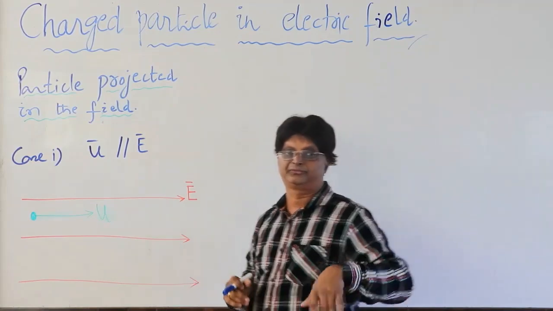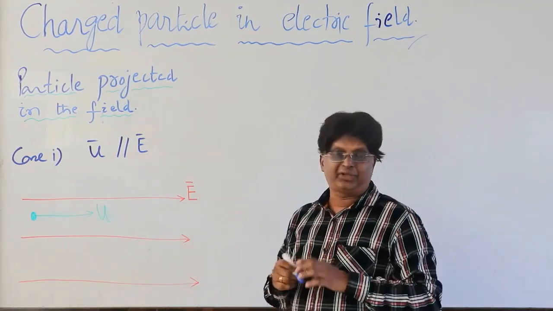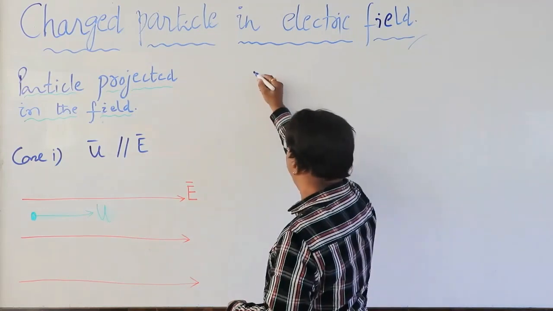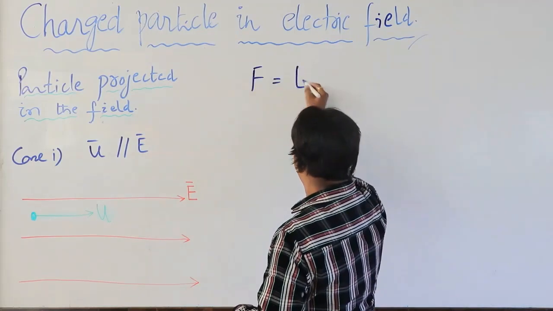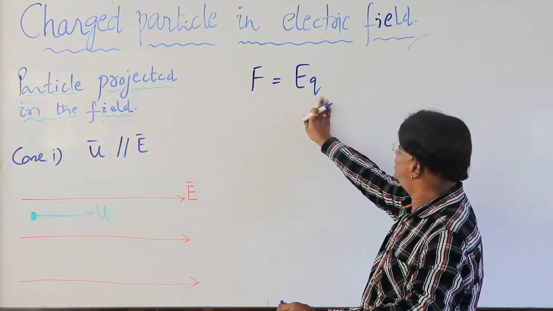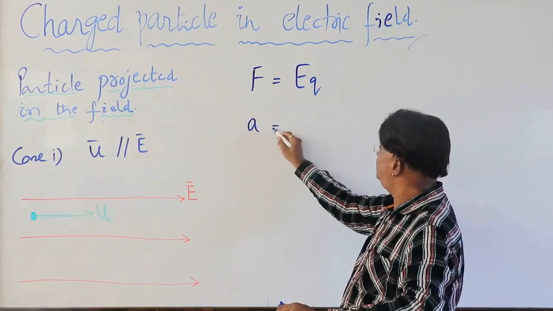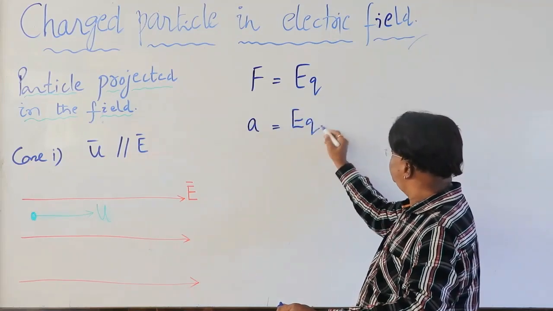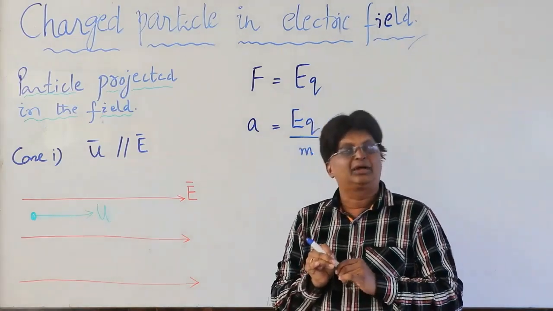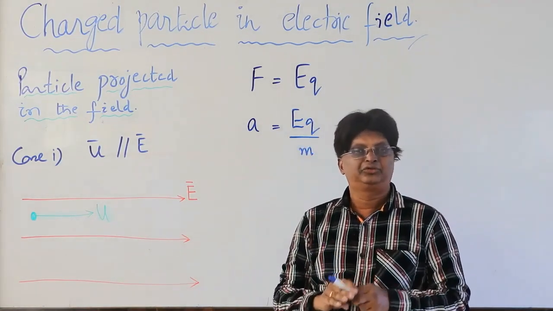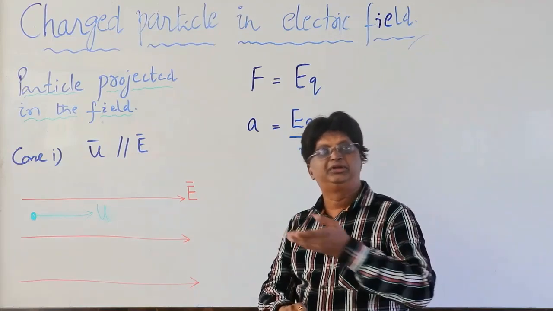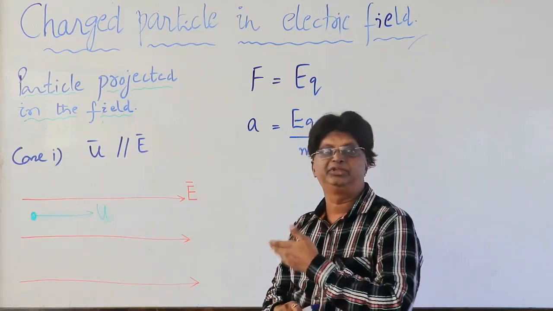Parallel to electric field. Now, first, as I have told you, to write the force and acceleration, the same steps we follow. F is EQ, independent of mass, depending on the charge and field, and hence A is the same, EQ by M. In fact, I would like to do it in complete vector notation, but I thought the student may feel difficulty if I start using the vectors.